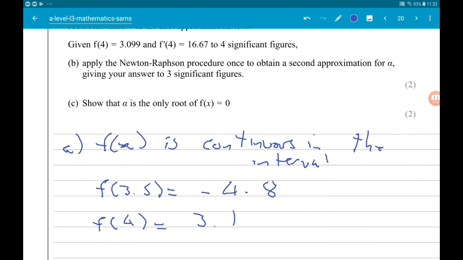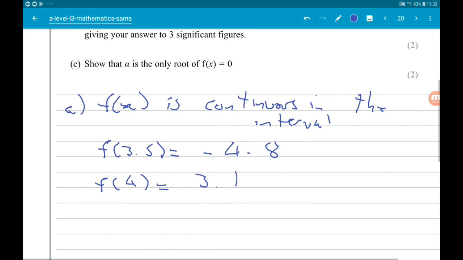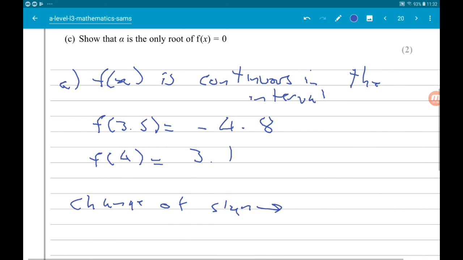So there is a change of sign, which means there is a root in the interval.